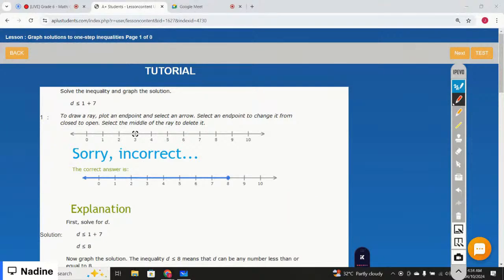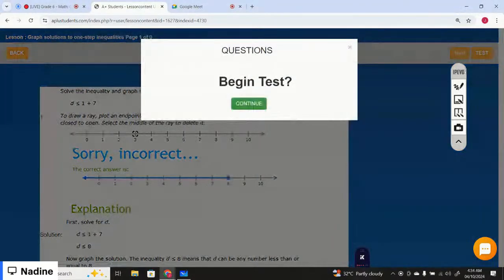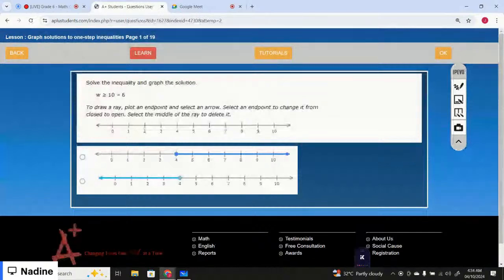Okay, let's just start with the questions. Solve the inequality.